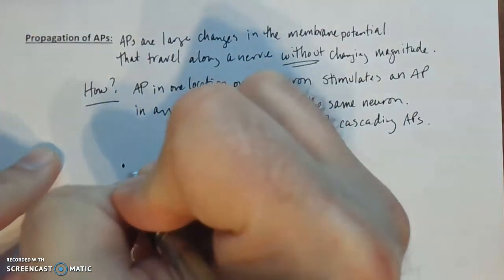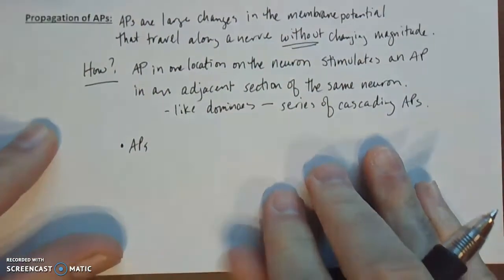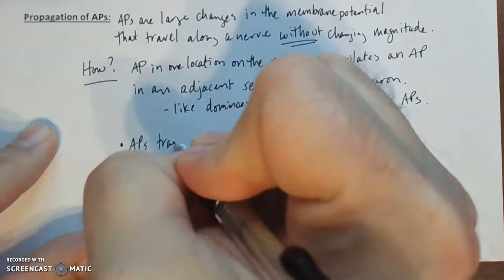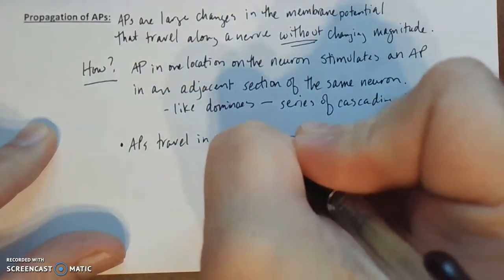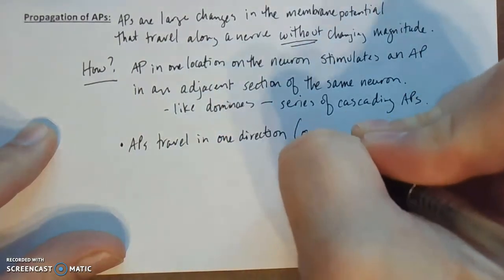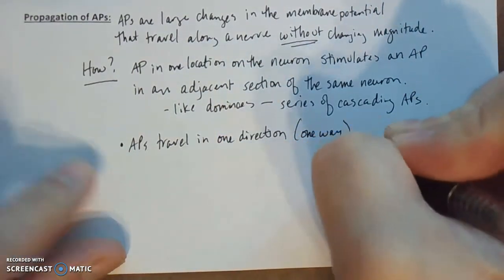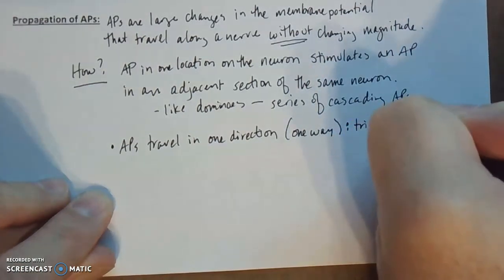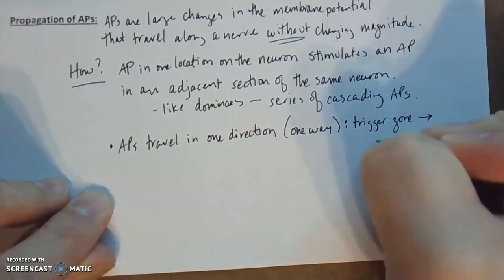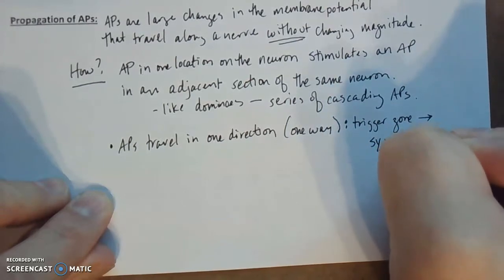Now, action potentials travel in one direction, so they're one way. So it goes from the trigger zone to the synapse.